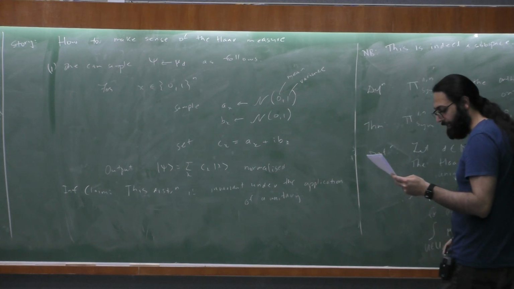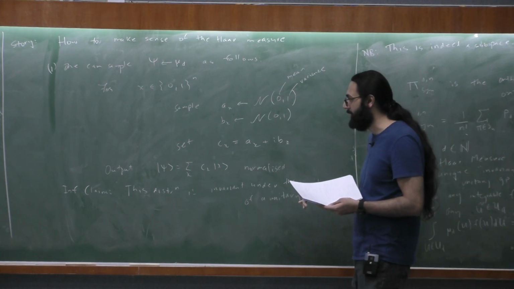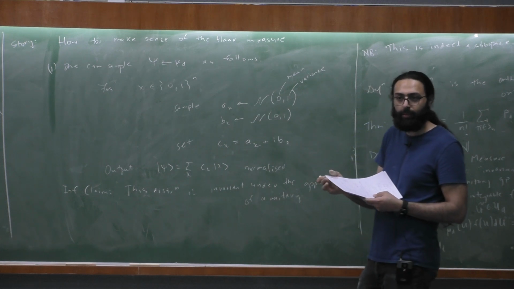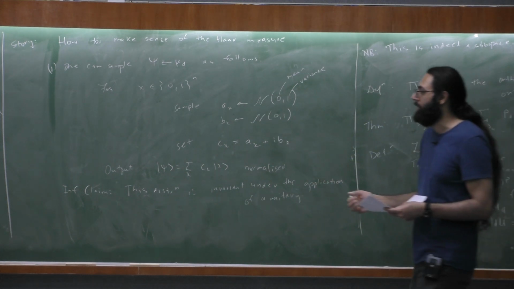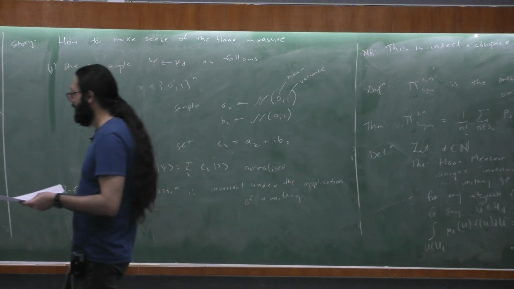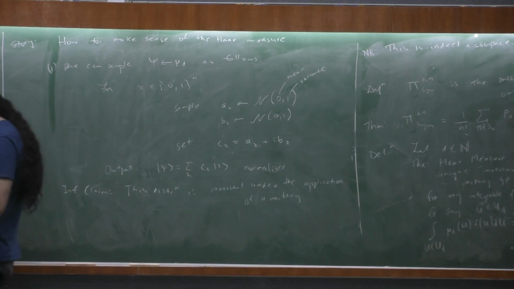Then he gives an argument, but the point is that if it is invariant under a unitary, it's essentially the same property that we wanted, because a Haar state is also going to be invariant under unitaries.